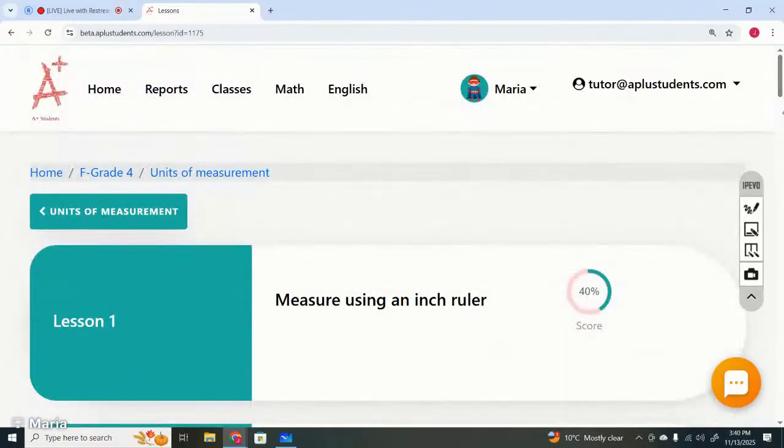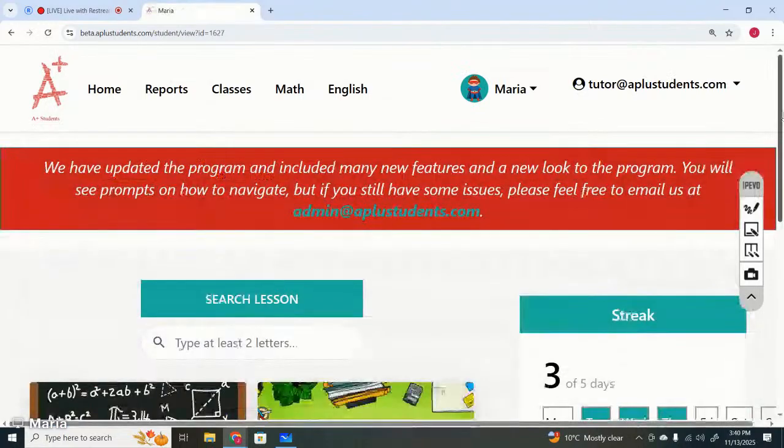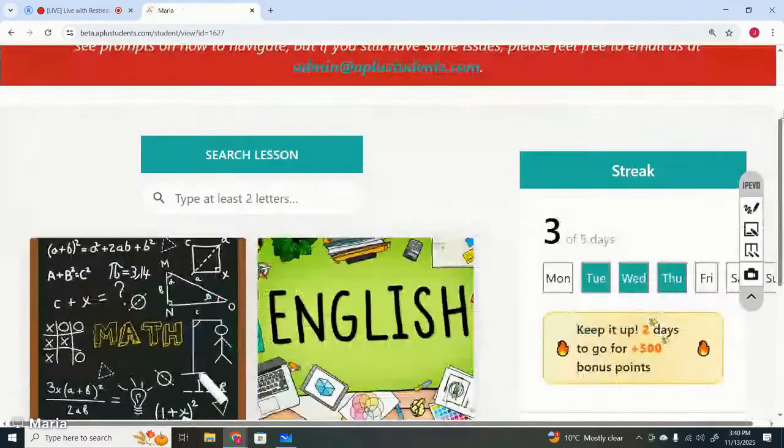Please make sure before the next session you complete all the practice questions for the lessons we just did. That is your homework until the next session.